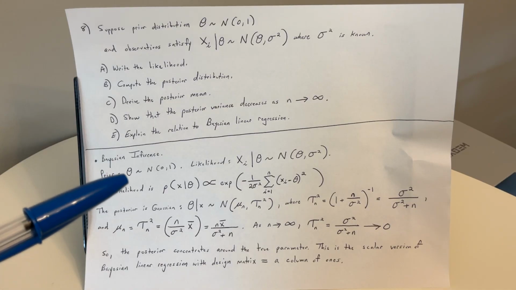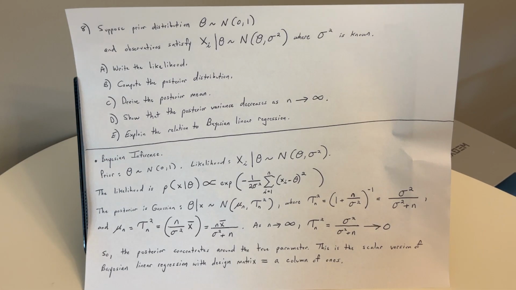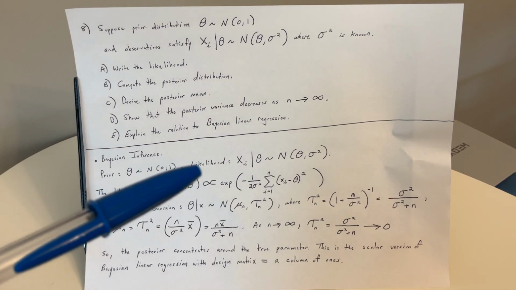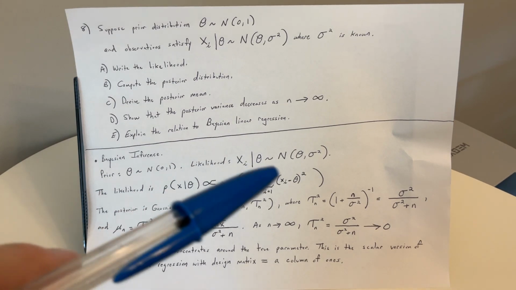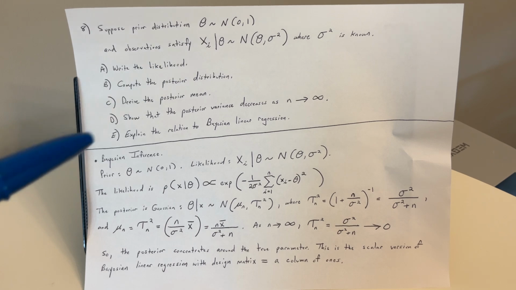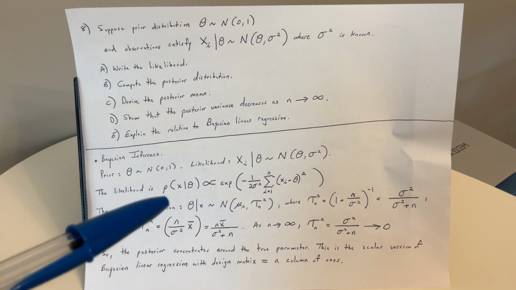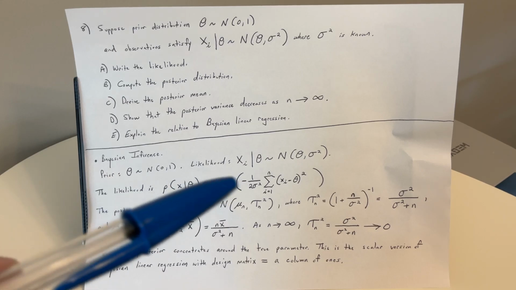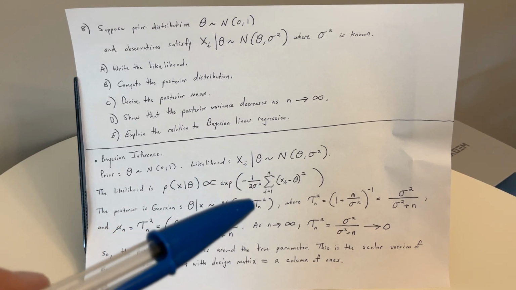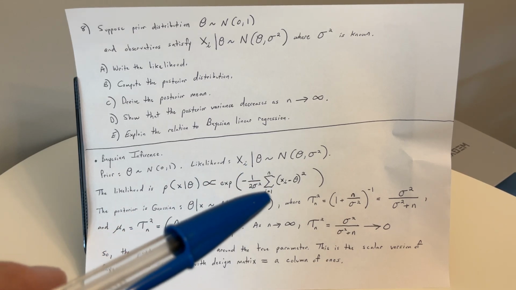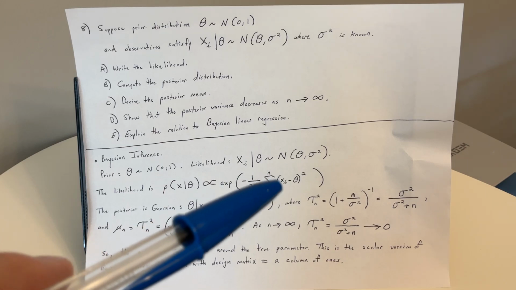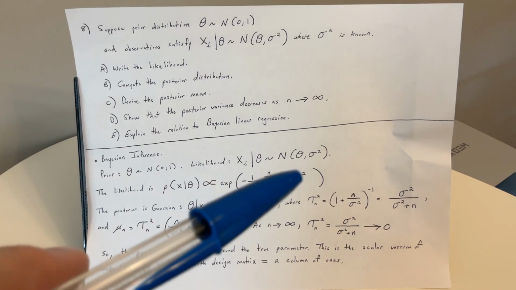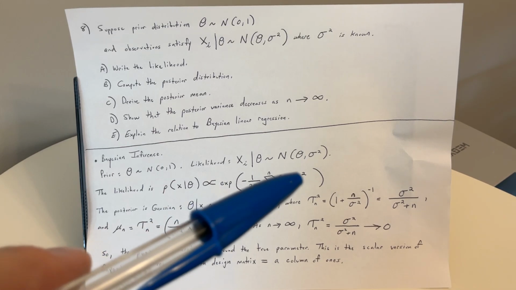So the prior for this theta is distributed as N(0, 1), and we have the following likelihood, which was given up here. So the likelihood is going to be proportional to the exponential of negative 1 over 2 sigma squared, times the sum i equals 1 to n of x sub i minus theta, that quantity squared.